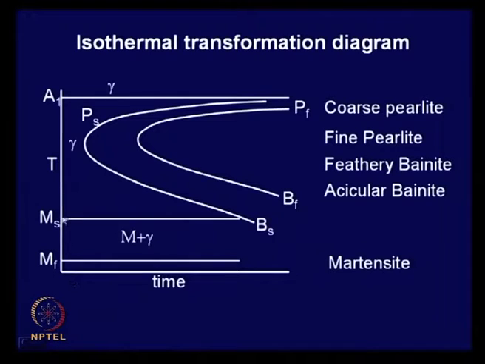And martensite structure is a single phase structure, whereas pearlite and bainite you can't call phases, they are a mixture of two phases. Martensite is a single phase, and here you have much more than the equilibrium amount of carbon present in solid solution, and that makes this structure very hard.